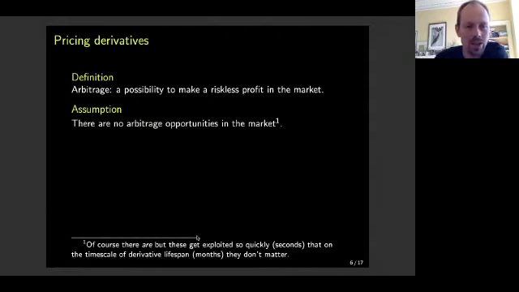So let's talk a little bit about how we can price these derivatives. The first thing to understand is the idea of an arbitrage. There are more precise definitions of arbitrage than this, but the idea is that somehow you're making riskless profit by trading in the market.